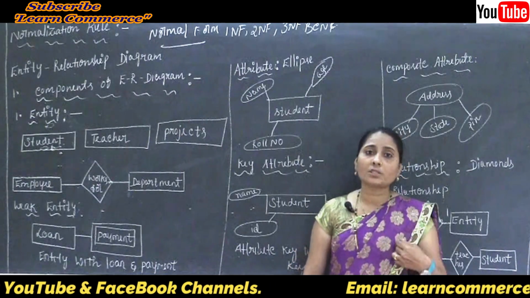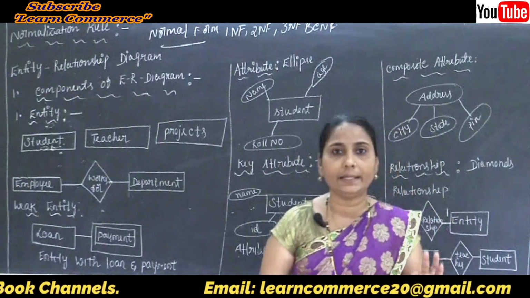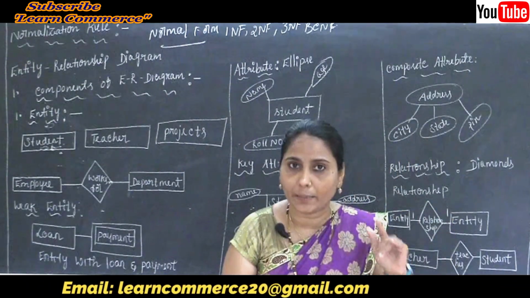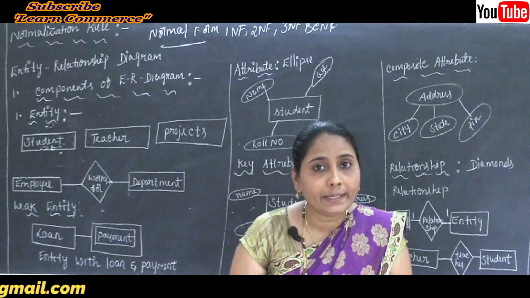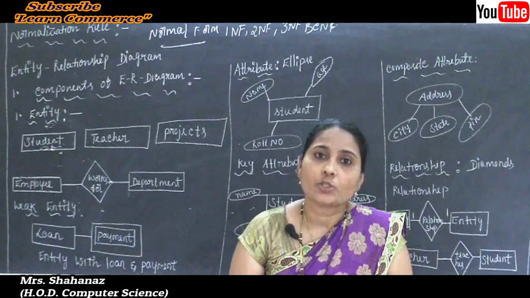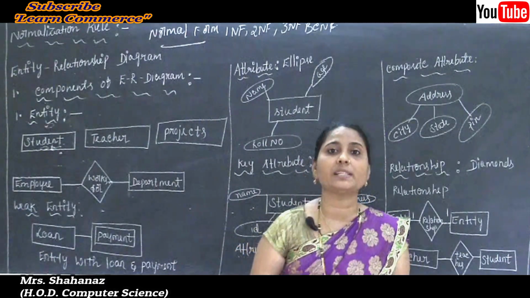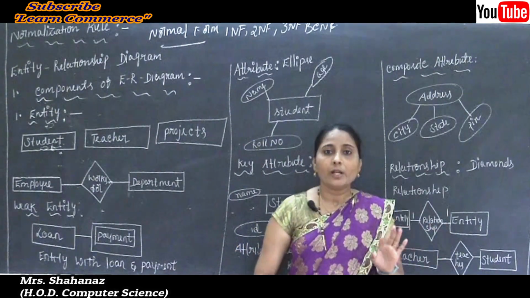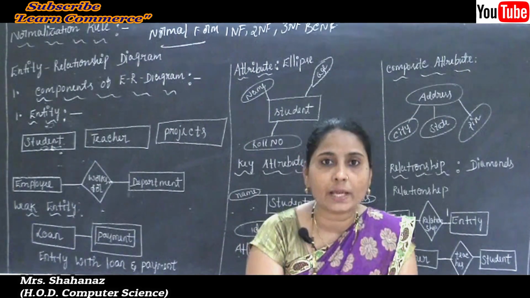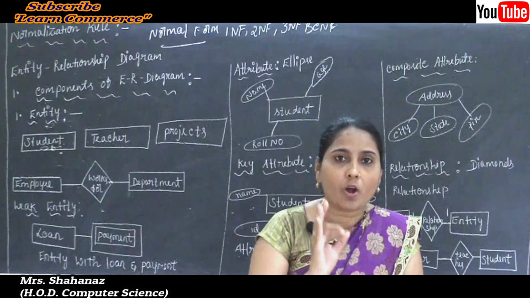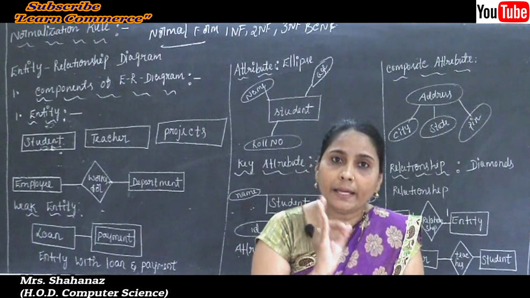The table is called the entity, the other name of the table, or simply we can say that an entity is an object. One example for the object is a table or a form. So in simple words, we can take the table or the form as the entity here.